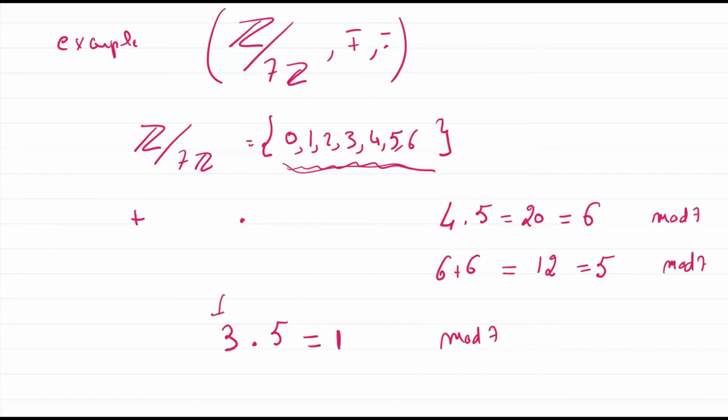So 3 is invertible, the inverse is 5. In general, how can I know that an element is invertible, and how can I calculate the inverse? Something I can say immediately is that 0 is never invertible, and this for any n, because for any a, 0 times a is always equal to 0 and would not be equal to 1.